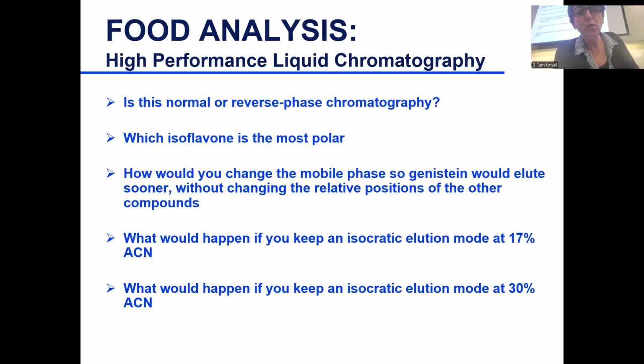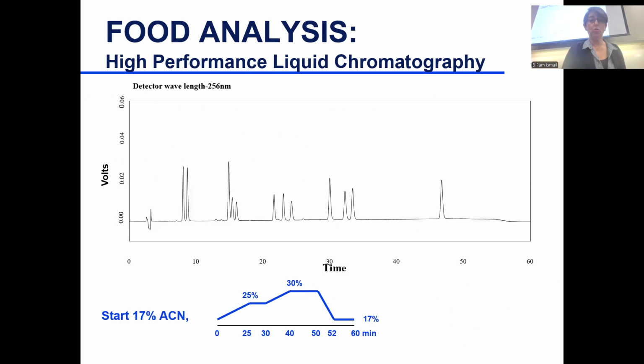What would happen if you keep an isocratic elution mode at 30%? So you started at 30% acetonitrile and kept it.